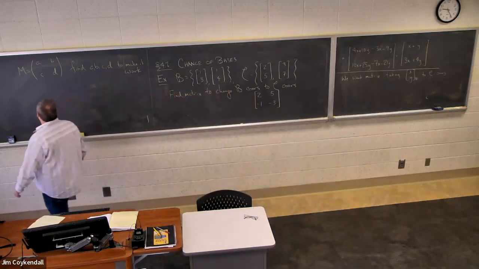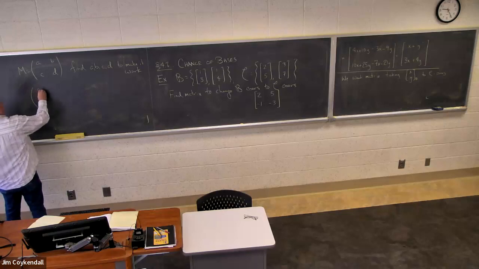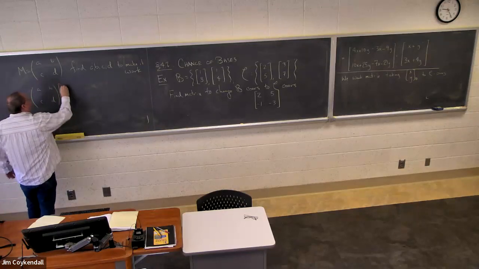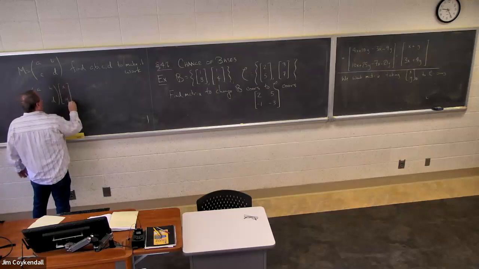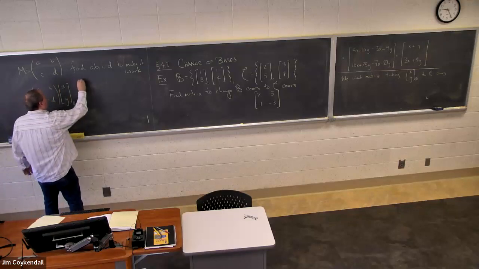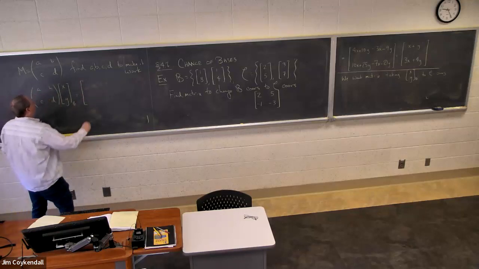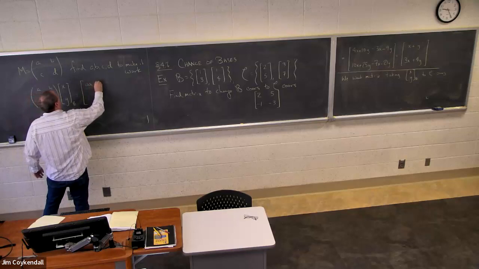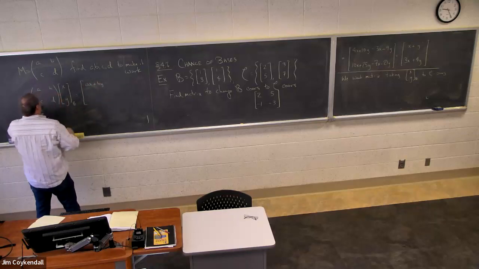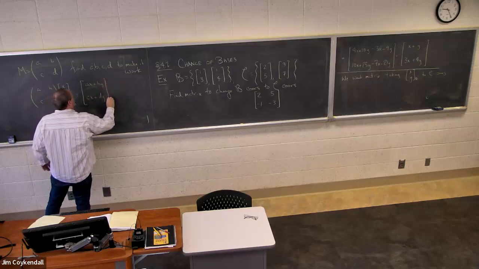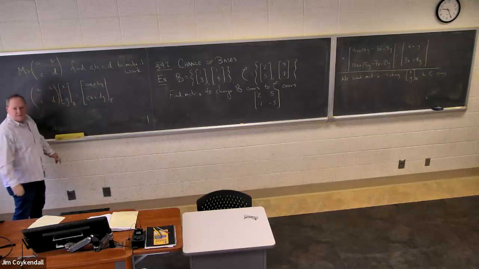Well, we have to find A, B, C, D that takes X, Y in B coordinates. Okay, what is this matrix going to do? It's going to go to AX plus BY and CX plus DY in C coordinates.